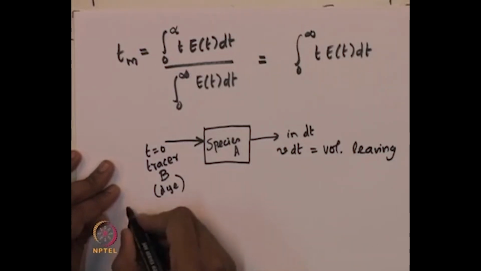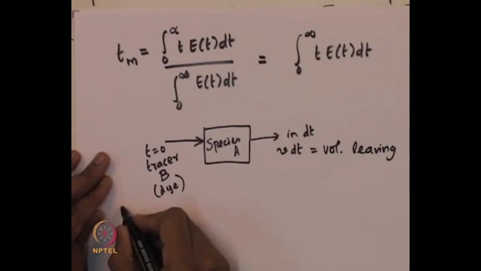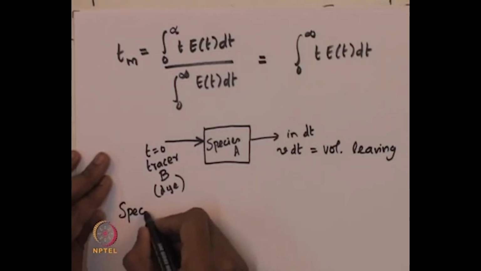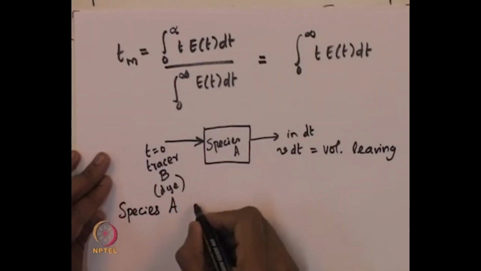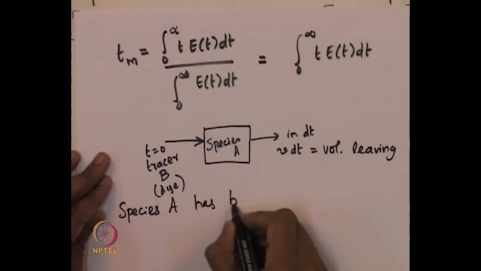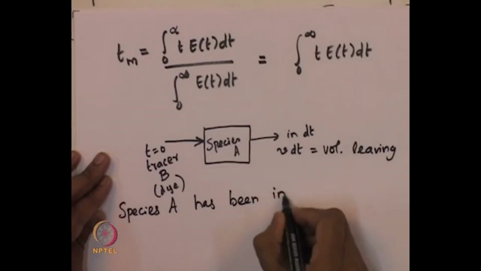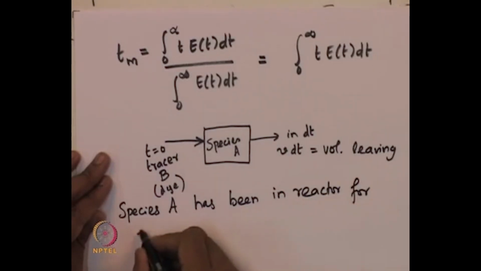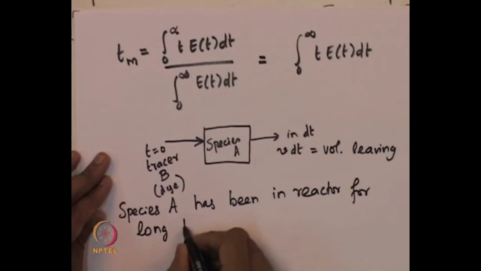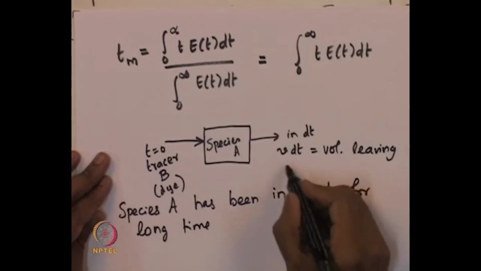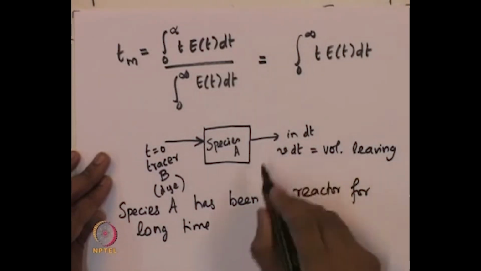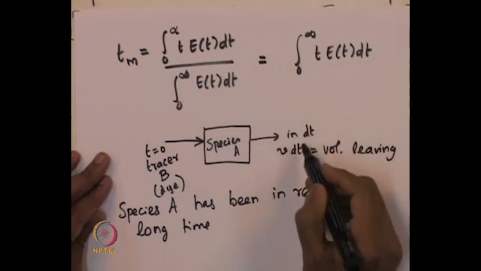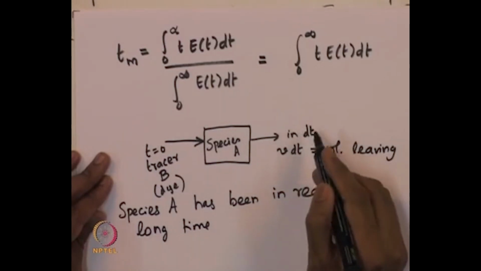Now suppose we want to know about species A, which has been in the reactor for a long time. Remember, V dt is the volume of the effluent which is leaving the reactor in this time dt.